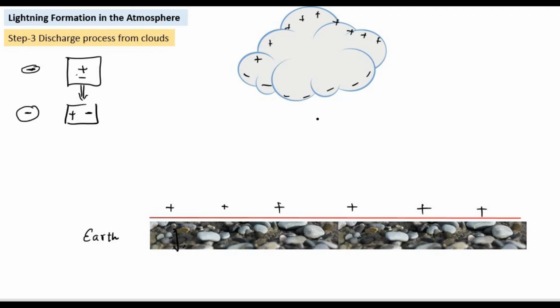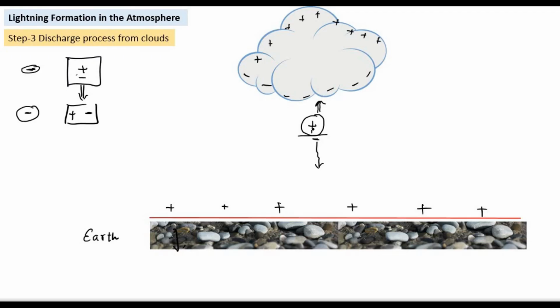So what is going to happen is, here is an atom of air. Now this single atom of air consists of a positive nucleus and a single electron. So that is to be considered like this one, right? And if this cloud is very heavily charged, then it is going to rip off the atom into two parts, and it is going to attract the positive ion towards itself, and the negative electron would go inside the ground, because this negative would be attracted by this positive Earth.